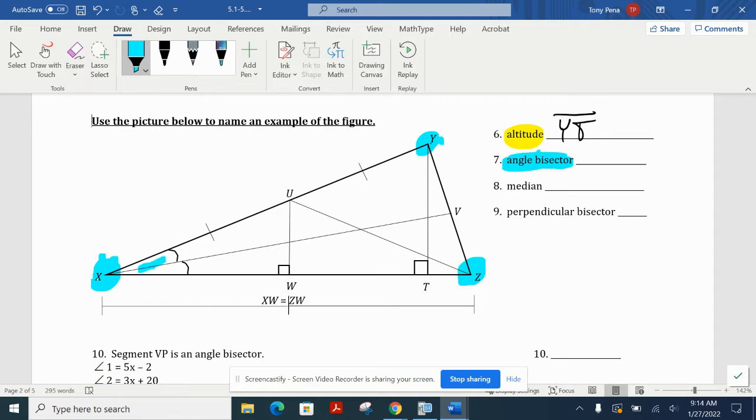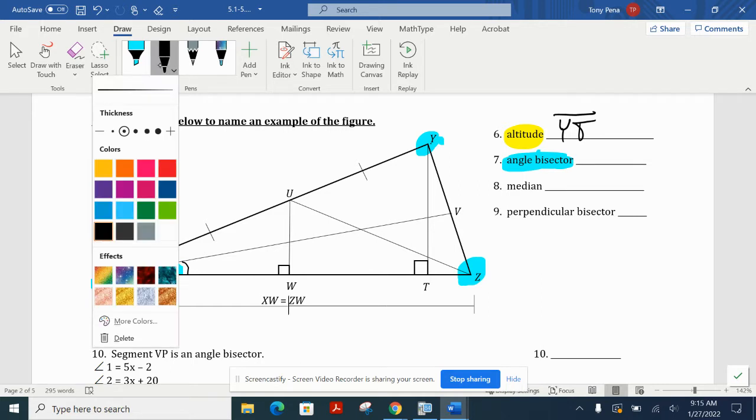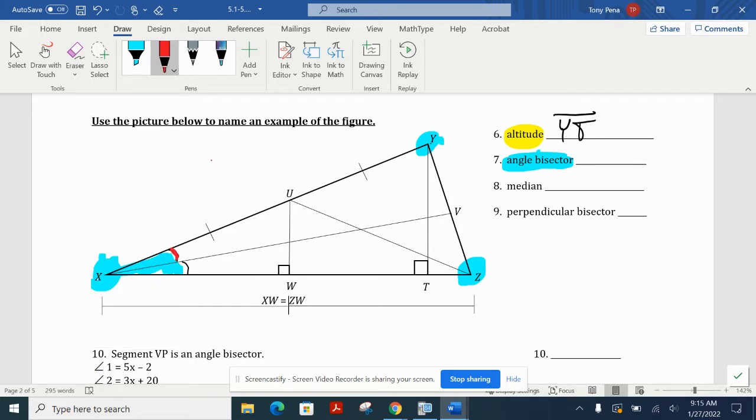So when we look down here to this angle right here, notice these arcs. Those arcs are how we show that angles are congruent. So the fact that these two angles are congruent to each other means this line segment right here was cutting this big angle right in half. So our angle bisector has to be XV. All right, so the segment XV.